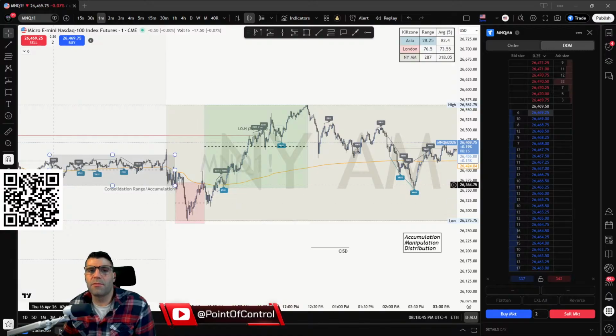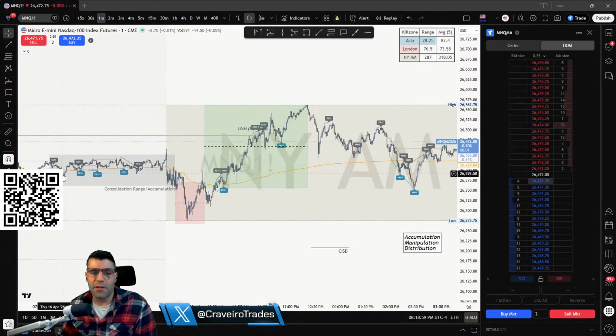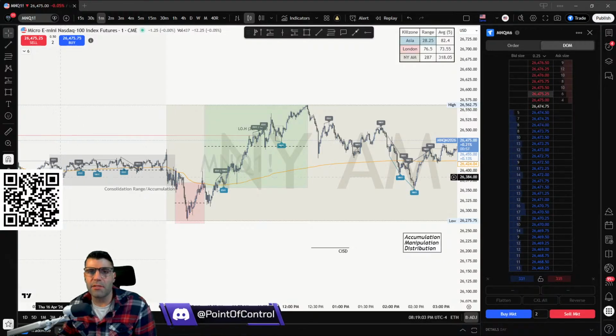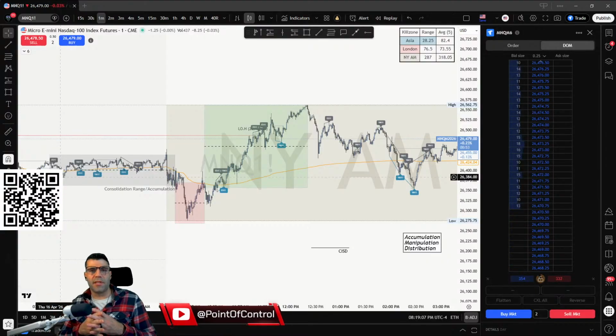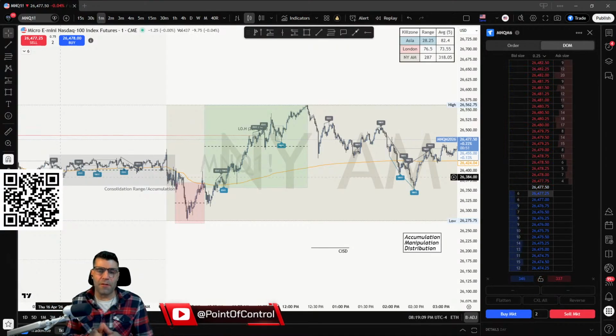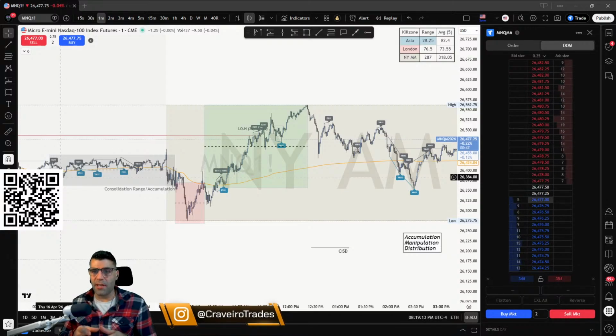So inside of this range, large ticket players, smart money, institutional traders, they are building large positions. So if they wanted to take shorts or take longs, they are accumulating longs here at this low, and they're doing it in small bits and pieces because they want such massive positions for the day that if they were to just fill their position immediately, they would have slippage upon entry.